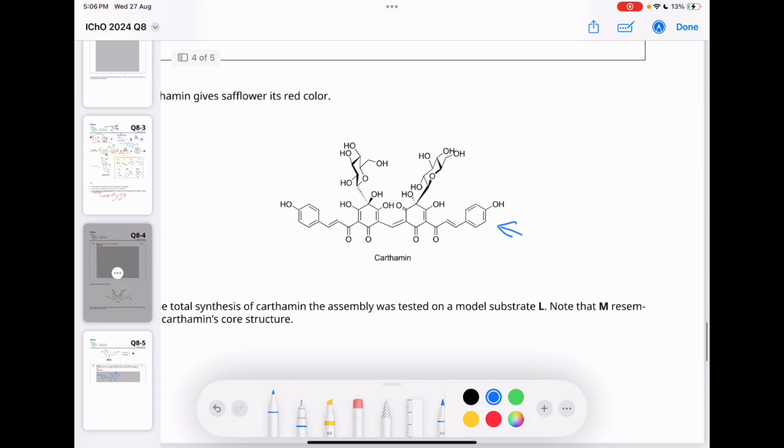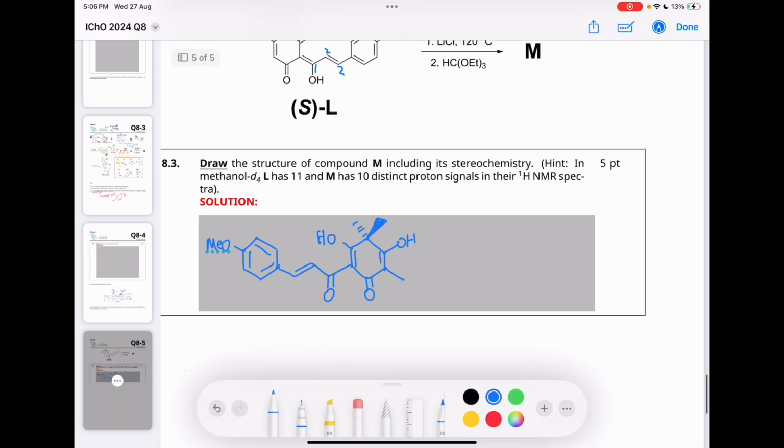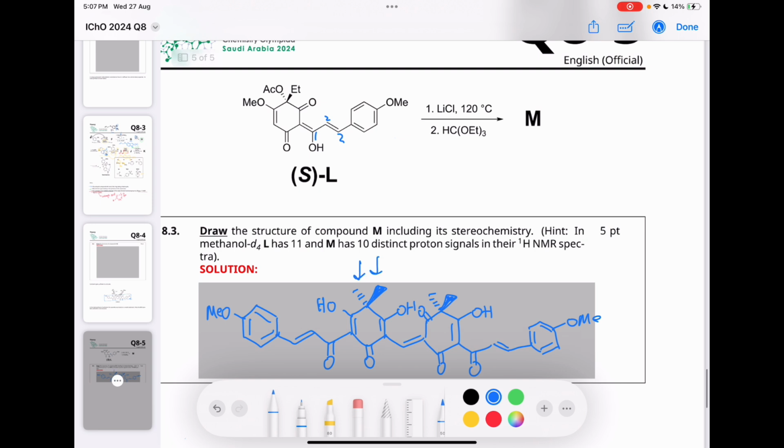So basically you just copy this part down. Okay, now where to put this?